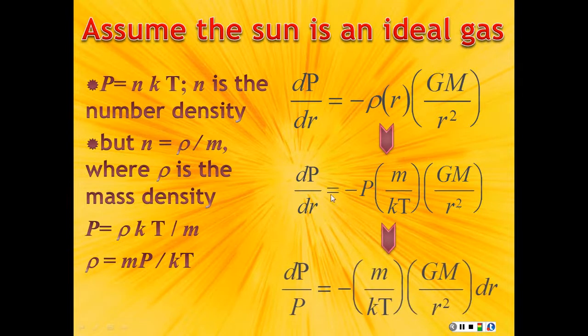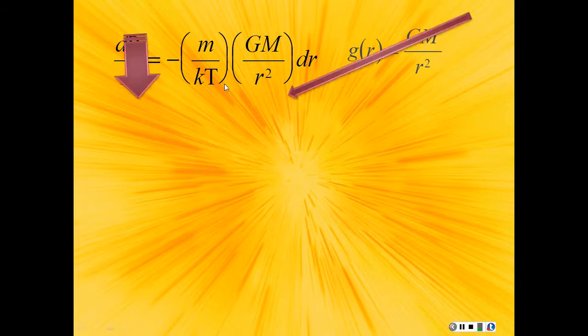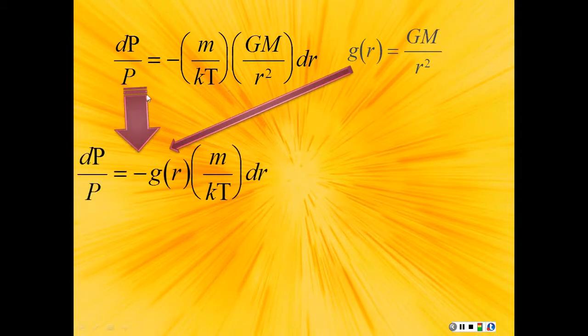And then I'm going to rearrange this so that I have pressure on one side and radius on the other. Okay, so that's the equation. I've got the pressure on one side, the radius on the other, and we could also, for simplicity, say that this is basically where F equals GMm over r squared, and F equals m little g. So that just makes it a little easier to manipulate. So now I've got this equation.